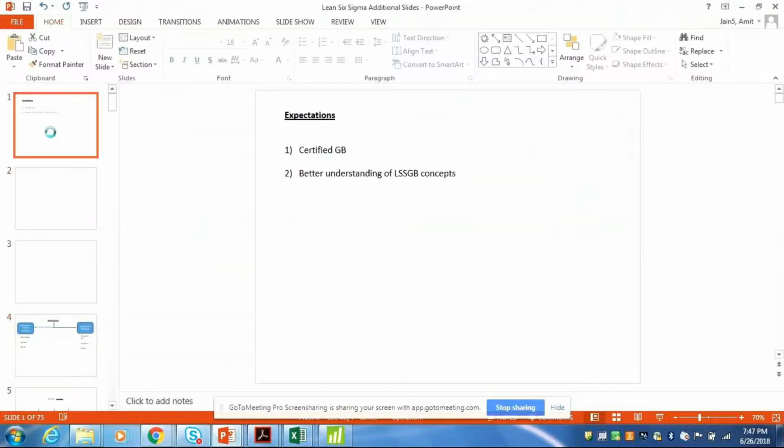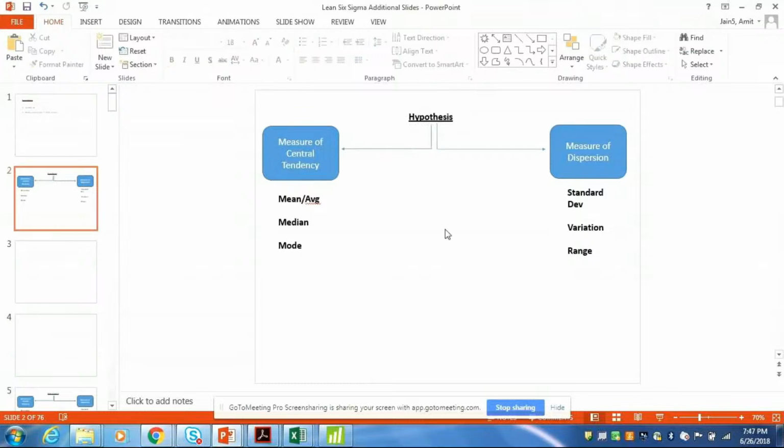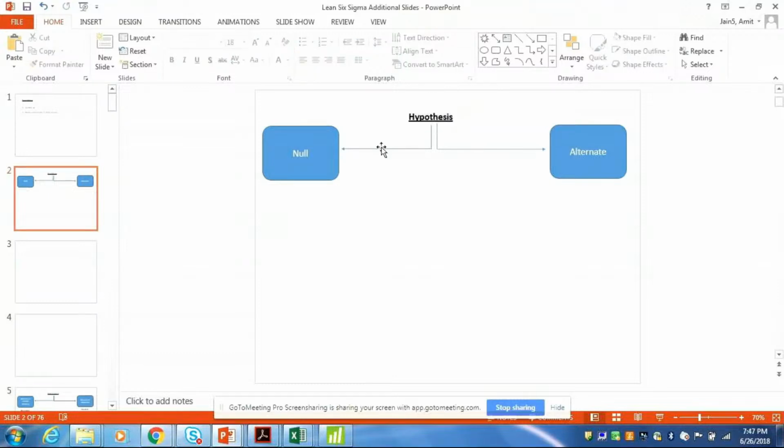Let me just show you this. Whenever you hypothesize something, there can be two outputs, null and alternate. Hypothesis can be categorized into two categories: null hypothesis and alternate hypothesis. What is null?